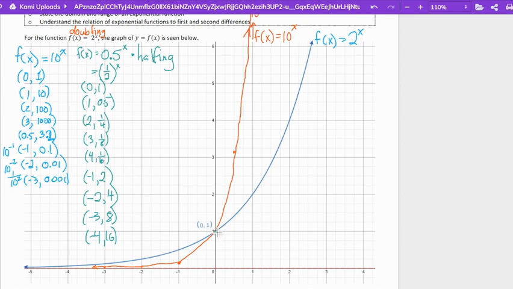Okay, so I've got the y-intercept. When x is 1, y is 0.5. When x is 2, y is 0.25. When x is 3, it's half of 0.25.